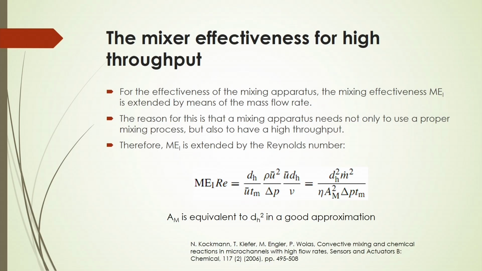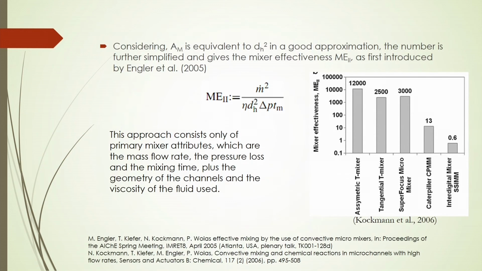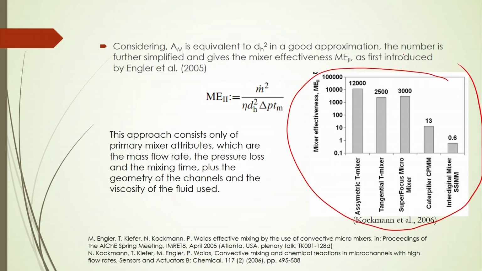By this equation you can calculate the mixing effectiveness for high throughput devices. And in this figure some comparisons are given for different micromixers based on mixer effectiveness for high throughput equipment, and you will see that the asymptotic T mixer is giving the maximum mixer effectiveness.